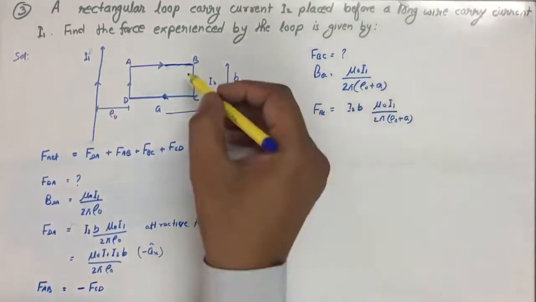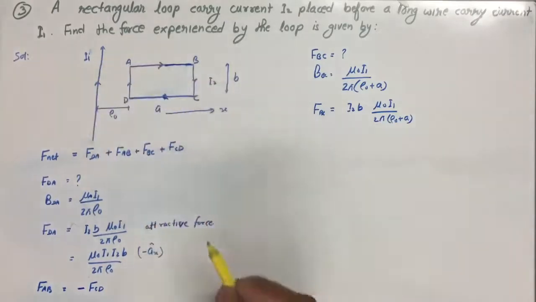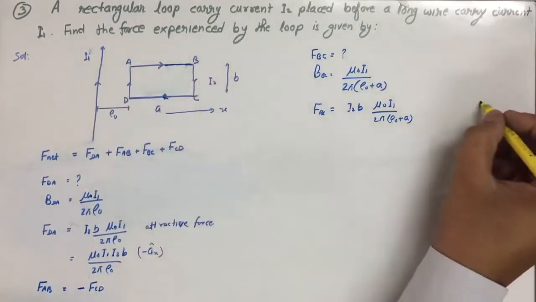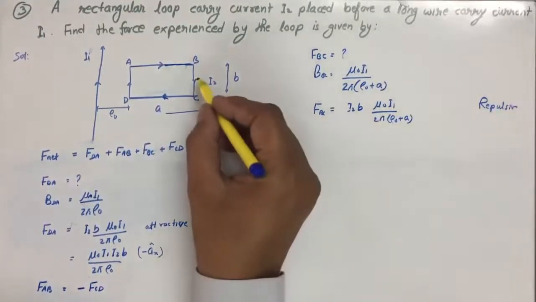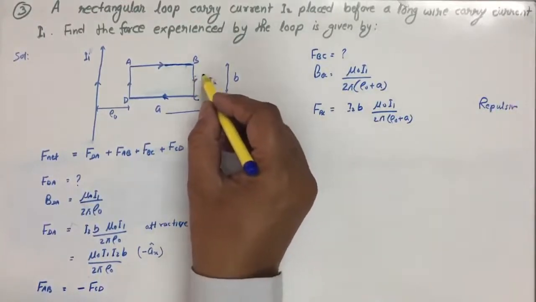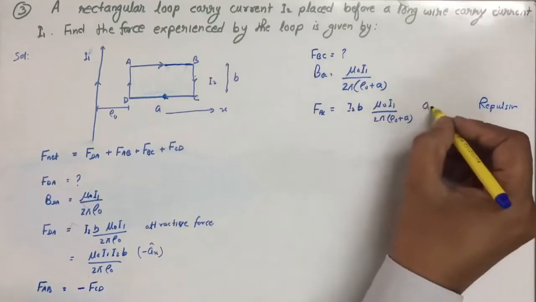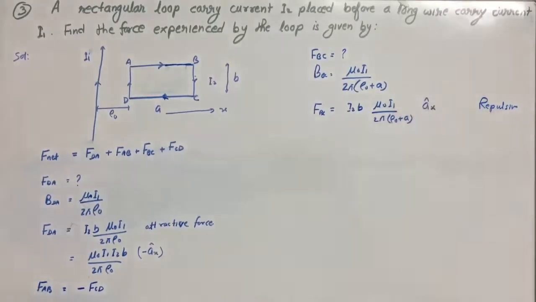And it is carrying current in the opposite direction, so the force will be repulsive, and due to the repulsive nature the force will be towards the positive x, so we can say it will be in the positive x direction.